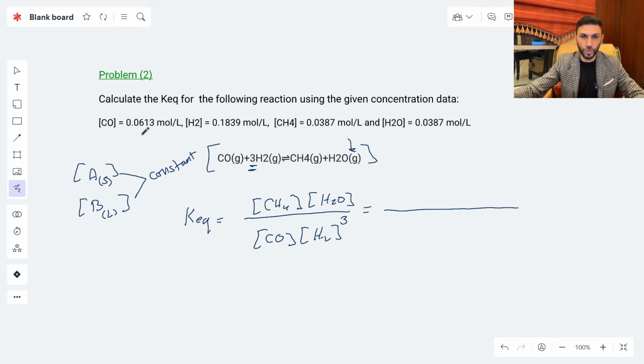Which equals, we substitute now the numbers in this equation. For CH4 it is 0.0387 multiplied by, for H2O, also 0.0387, divided by the concentration of CO, which is 0.0613, multiplied by the concentration of H2, 0.1839, but to the power of 3.